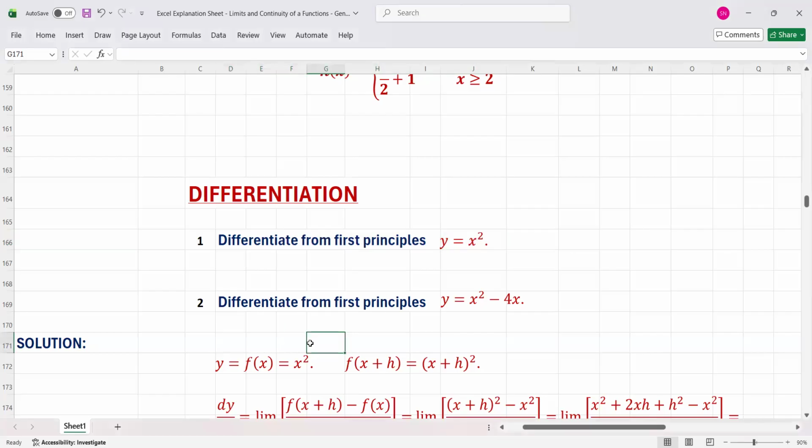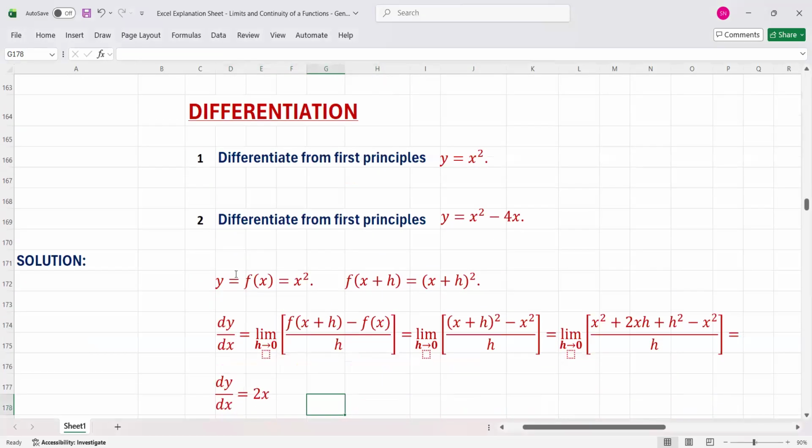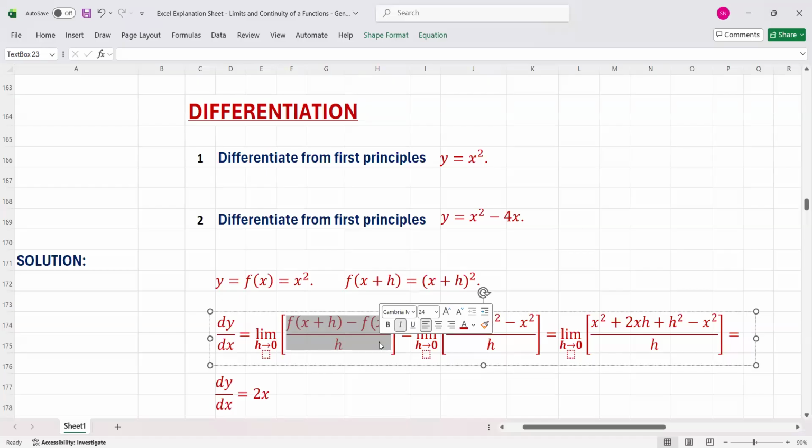So please remember the formula we wrote earlier. If my original function happens to be x squared, then my increment is going to be x plus h all squared. So the original function is x squared, add h to it, and it becomes x plus h squared. If I substitute it into the formula we had in the PowerPoint, the numerator will give me x plus h all squared, minus x squared.